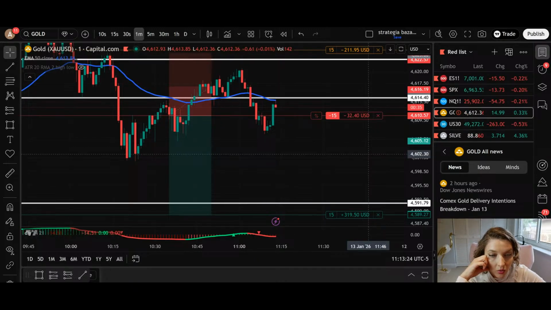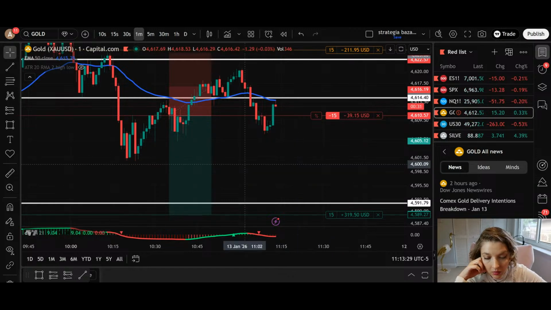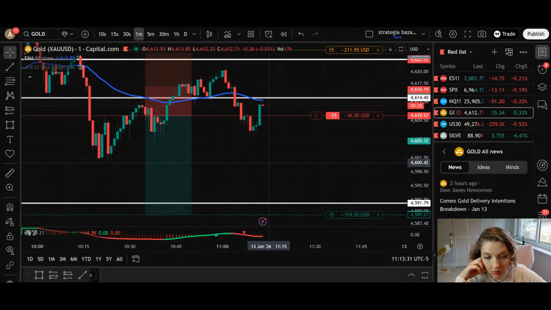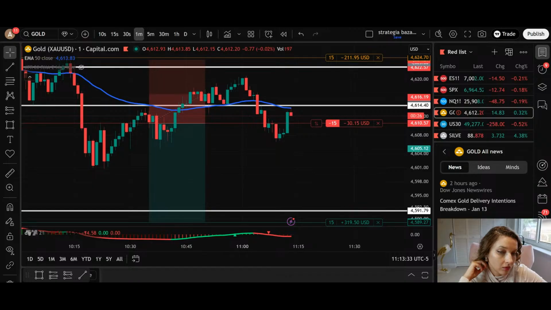It looks like a cross on the zero line is the trigger to get in. Cross. I don't know what you're saying, Tiger.